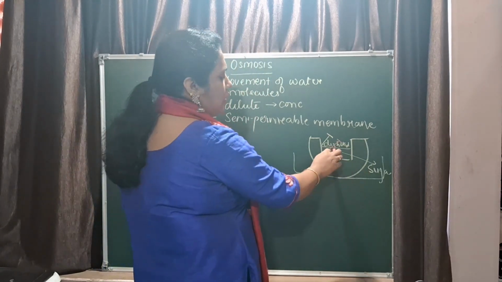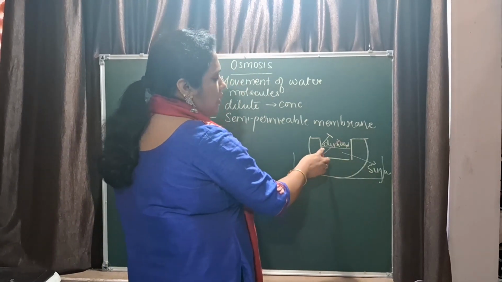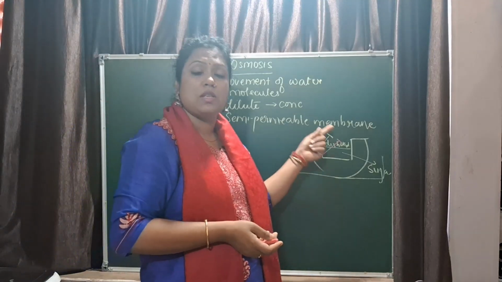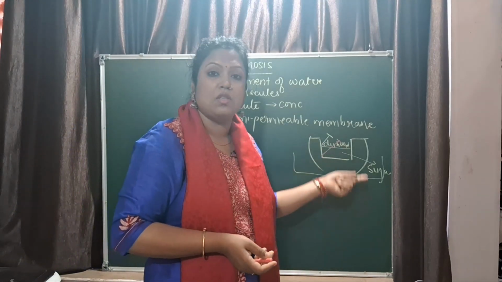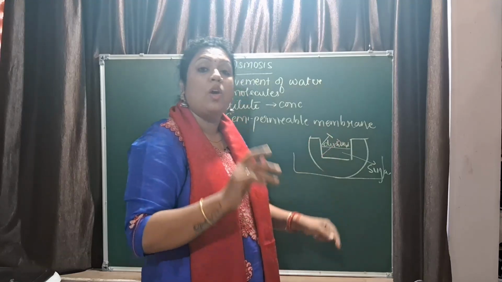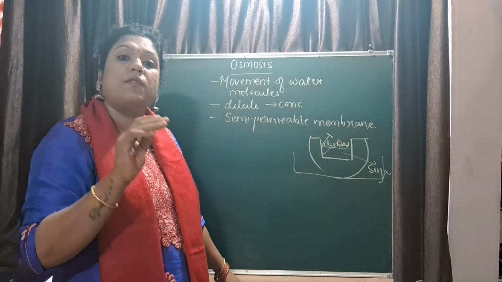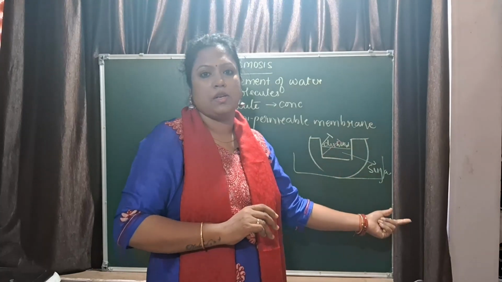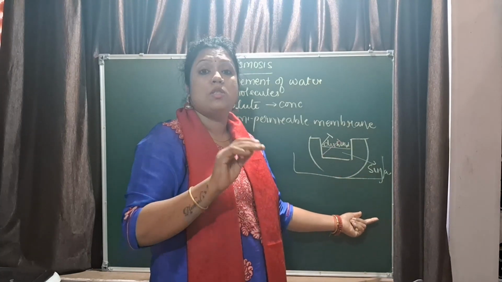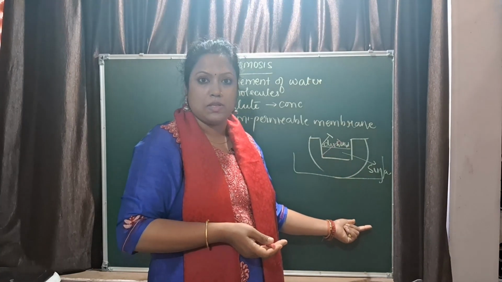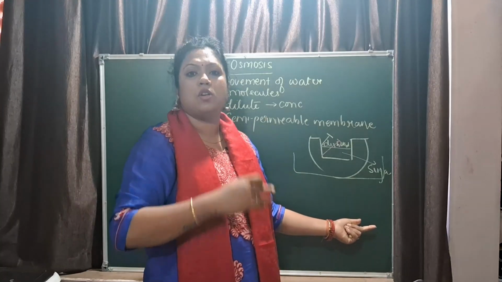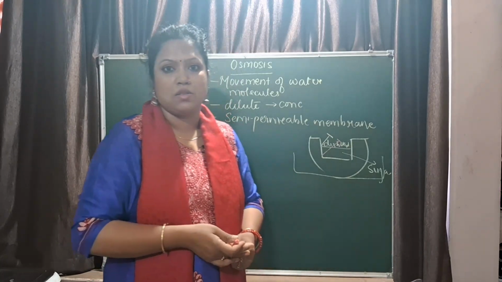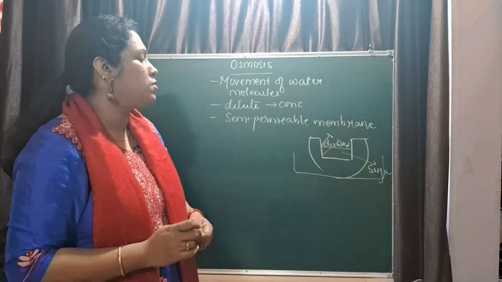Similarly, if you place sugar outside and water inside, the initial level will be low and the final level will be high, showing endosmosis and exosmosis depending upon the concentration of the solution it is placed in. Always remember, water always moves from a dilute solution to a concentrated solution. Is that clear? See where the dilute solution is present, and the water will move from that region to the other region which has higher concentration. So this is all about osmosis.